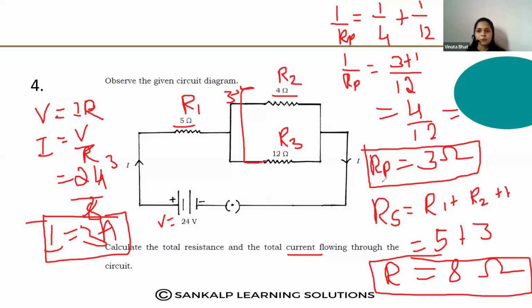Total resistance you have to find out, that is 8 ohm. Then I is equal to 24 divided by 8, so the current is equal to 3 ampere. Check it once again.